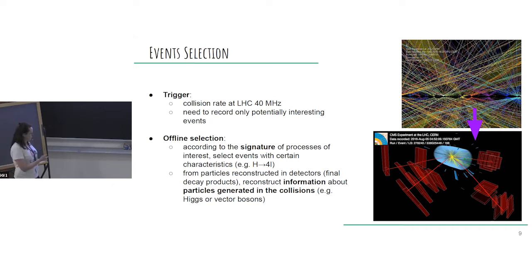For example, if you want to study Higgs boson decay into 4 leptons, you will ask for events that have 4 well-reconstructed leptons in the muon system chambers. This depends on the signal that you want to study. This is what I wanted to say for this slide.